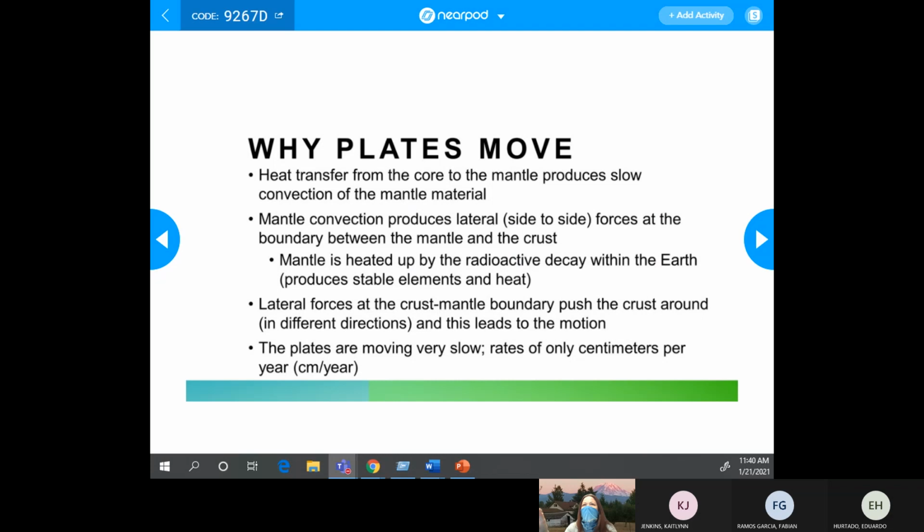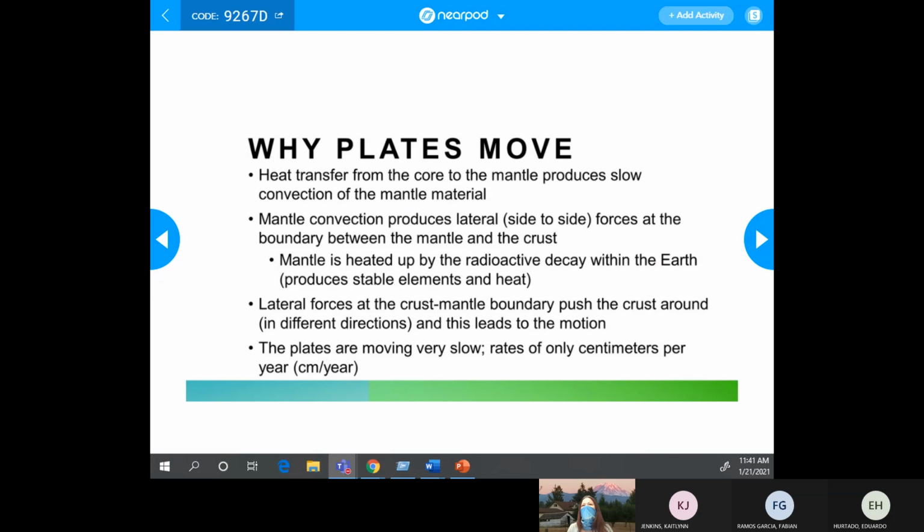The mantle convection process produces lateral forces between the mantle and the crust, so it moves things side to side, and that'll probably make a lot more sense when we start looking at pictures. The mantle gets heated up by radioactive decay within our core and produces heat.